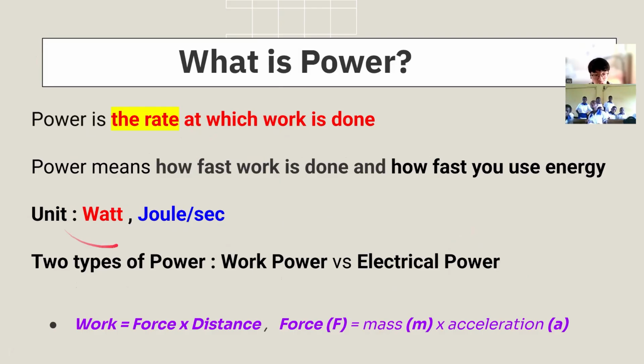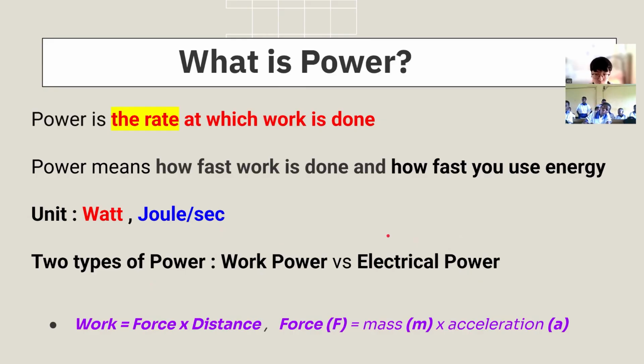The unit is called the watt, capital W, and this is just joules per second. That's because power is work over time. That's why its units are joules per second. I will show you the equation in the next slide.